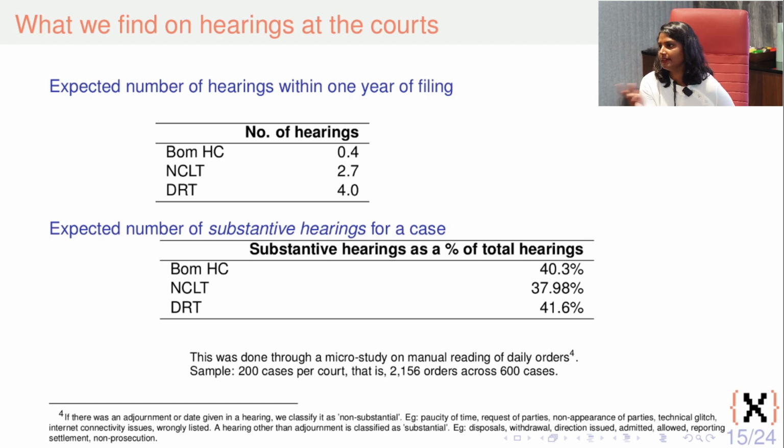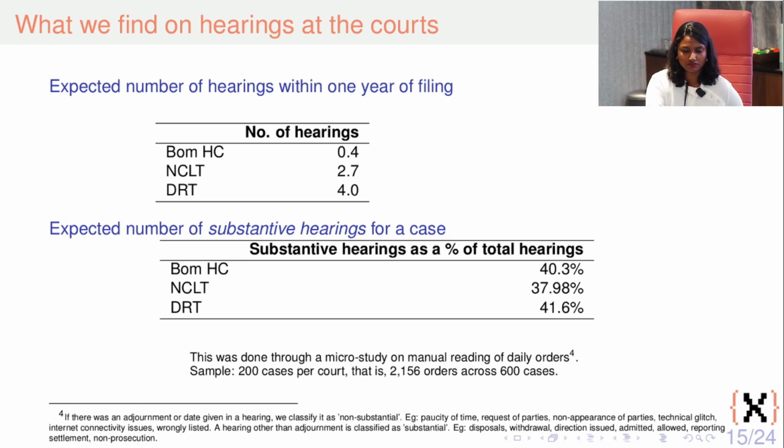And anything other than that, where a court issues a direction, where a petition is allowed, or if it's disposed, then we classify it as a substantive hearing. So just to explain this a little bit further, for instance, if the case has 5 hearings in DRT, then 2 of those hearings will be substantive and 3 of those hearings will just be your adjournments or non-substantive.